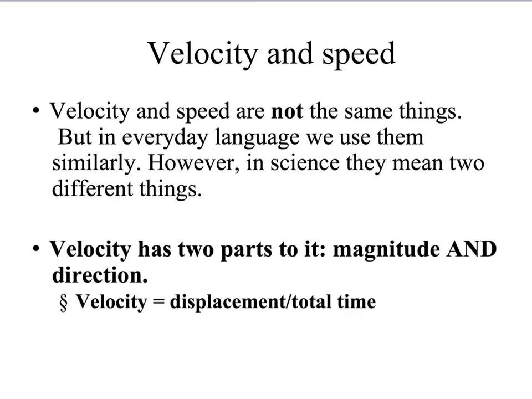In science, velocity has 2 parts to it: magnitude and direction. Magnitude, if we went back to the cat example, would just be the values of 5 meters per second or 10 meters per second. Velocity is always displacement over time.